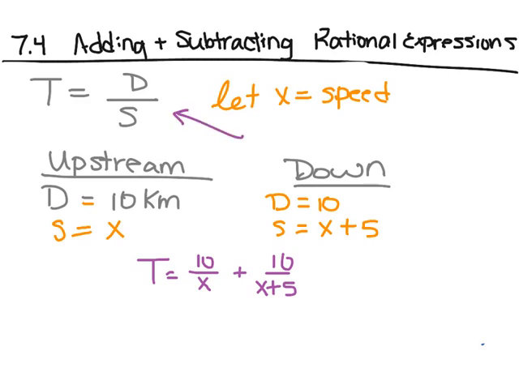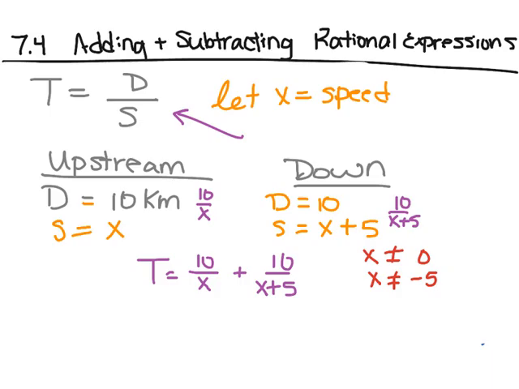Now we want to simplify, so we're going to multiply by our denominators, and quickly let's just do our non-permissible values. So x can't be 0, obviously, he's not going 0 speed. X cannot also equal negative 5, which also makes sense, he can't go in negative speed.